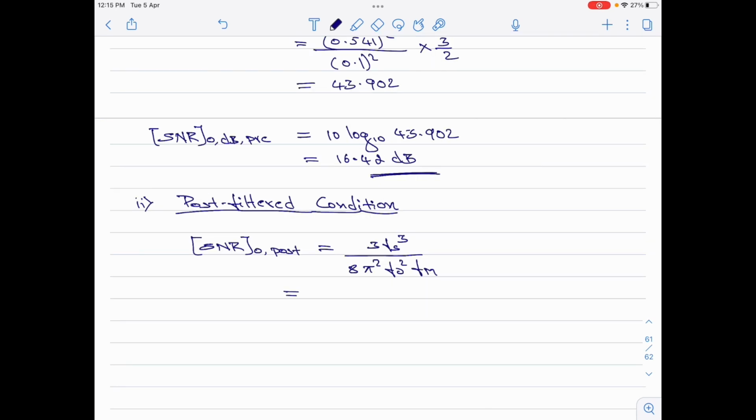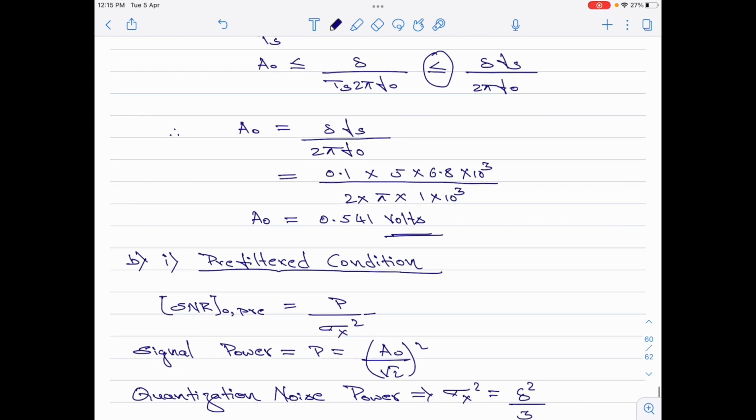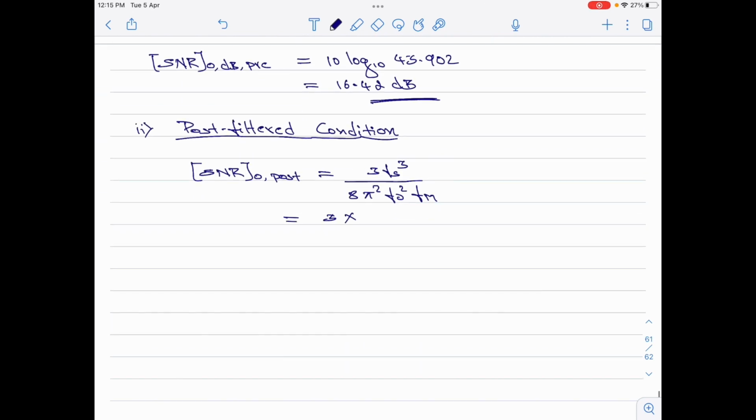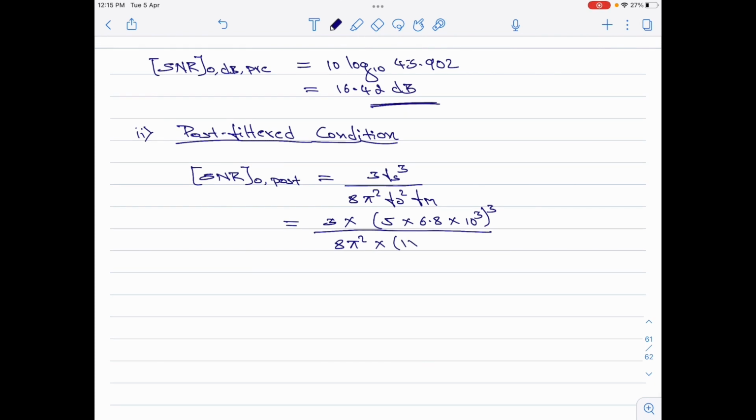This is equal to 3 multiplied by, the value of Fs is 5 multiplied by 6.8 multiplied by 10 power 3, whole cube, divided by 8 pi square multiplied by F naught, which is 1 kilohertz, so 1 into 10 power 3 whole square, multiplied by the value of Fm.